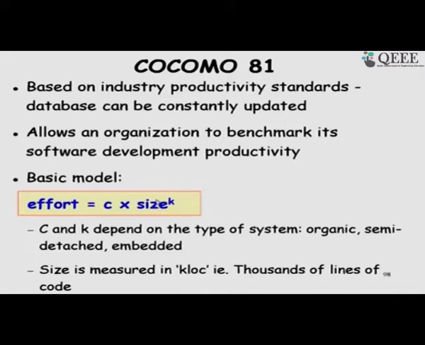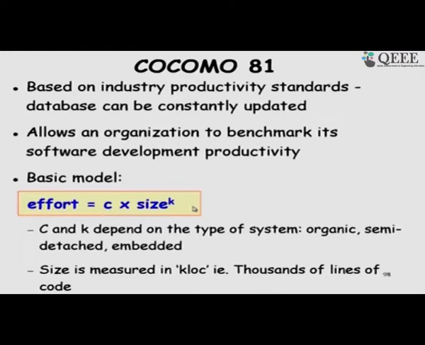Here the size we input is in kilo lines of code. For example, if we are developing software which is expected to be 100,000 lines long, we will write size as 100. And then the K and C values he has published, and calculators are also available online, which, depending on how you classify the software, will give the initial effort estimation.